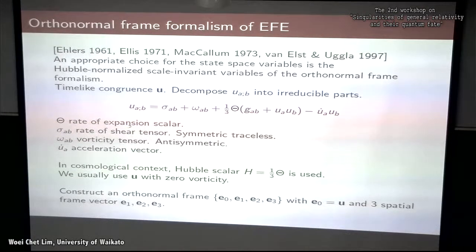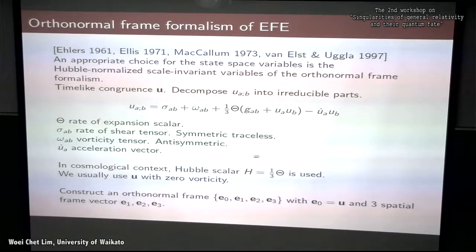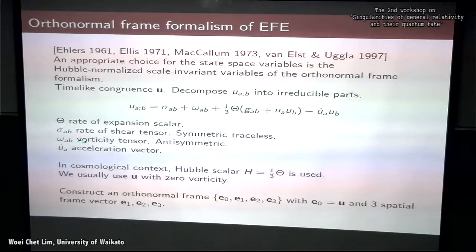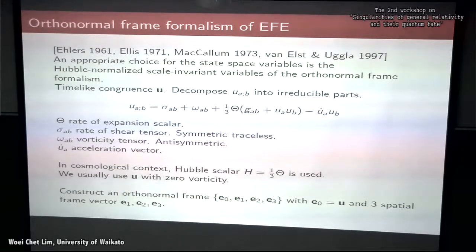So sigma is the rate of shear tensor, omega the vorticity, theta is the rate of expansion scalar, and u dot the acceleration vector. But we set the vorticity to 0, so omega doesn't appear. Okay, and the Hubble scalar H is used in place of theta, so H is equal to 1/3 theta.